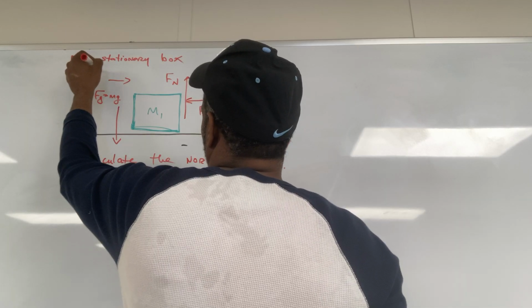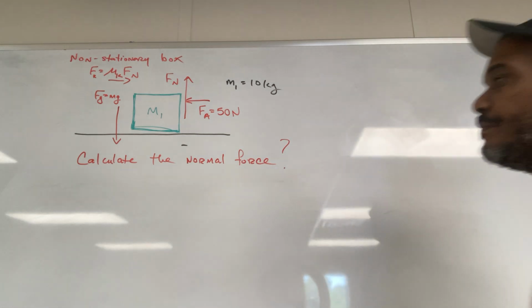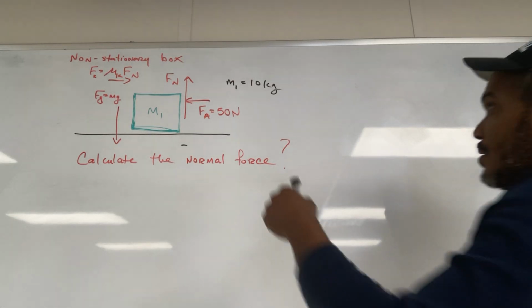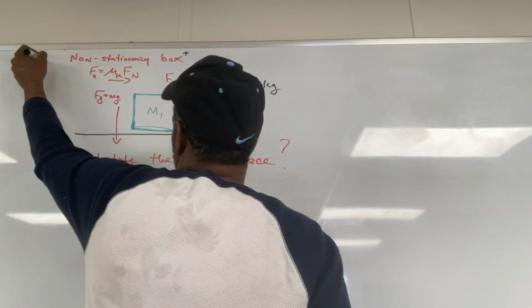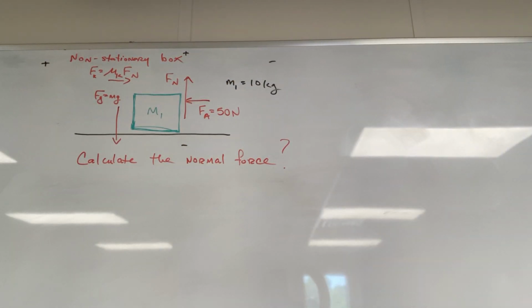So F of K equals mu of K, F of N. And we still have the same convention. Down is negative, up is positive, to the left is positive, and to the right is negative. So now this is the non-stationary box.